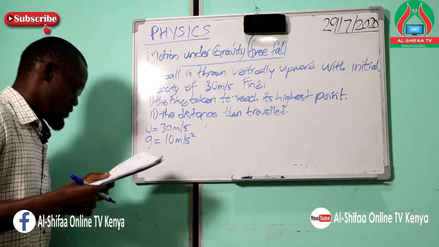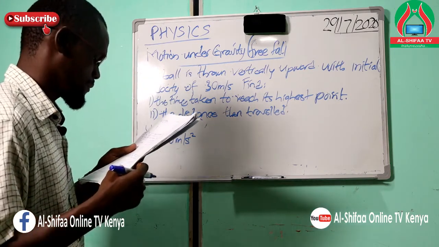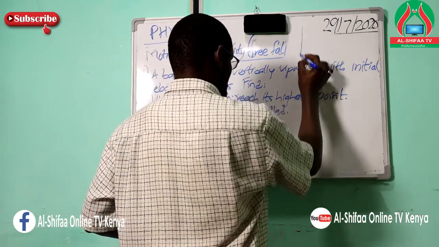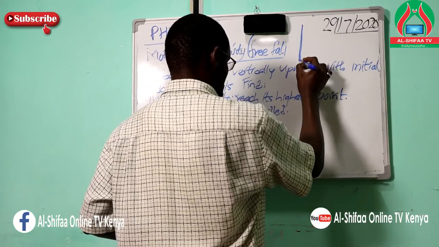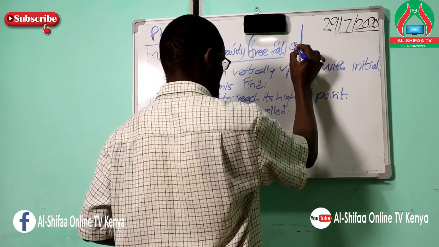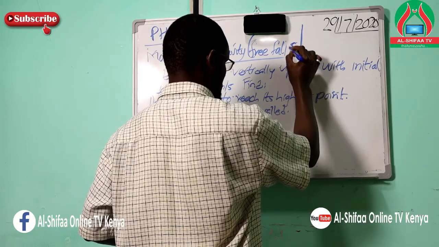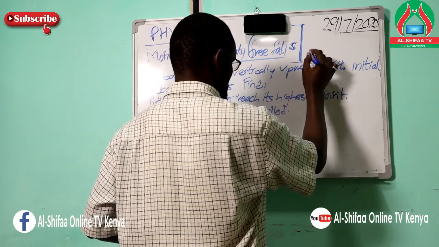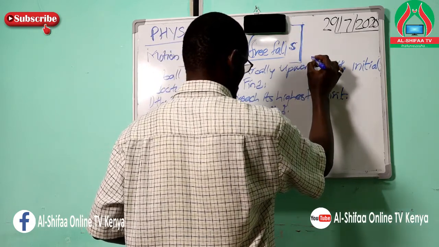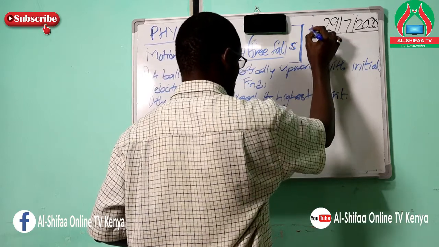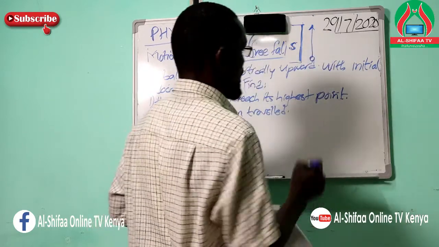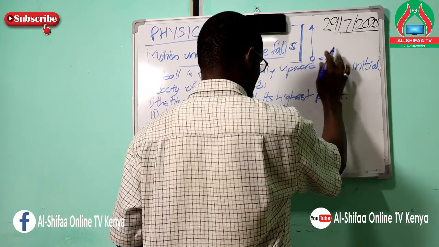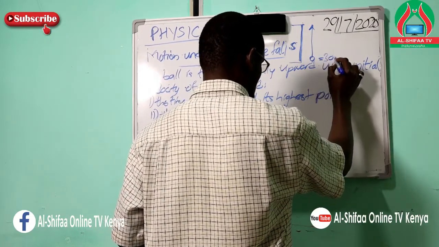Then we can visualize: this is the distance s. A ball is thrown vertically upward with initial velocity u, 30 meters per second.